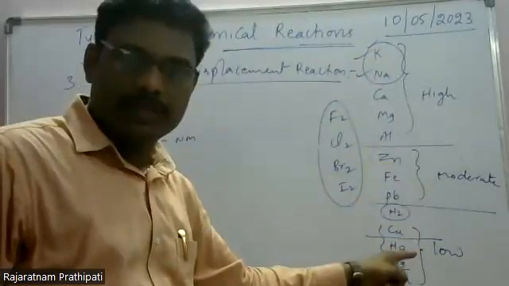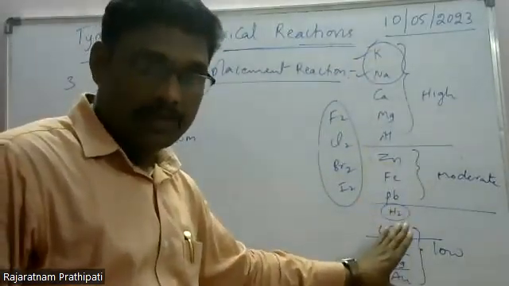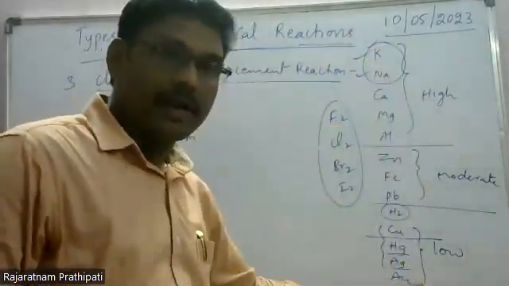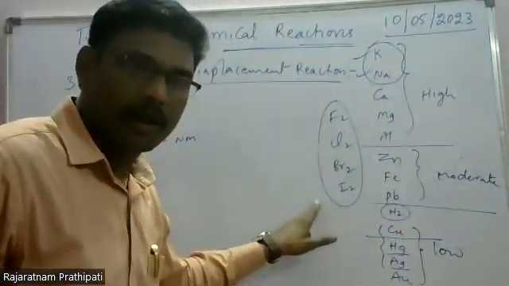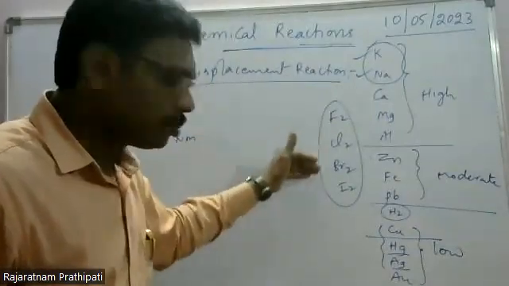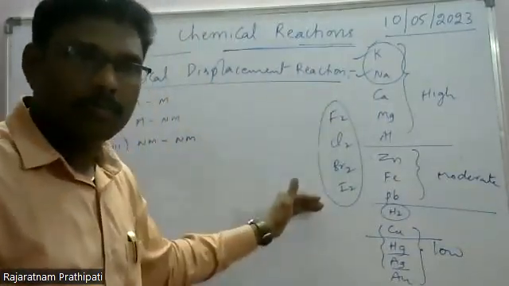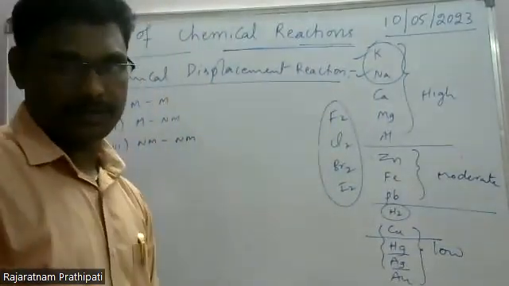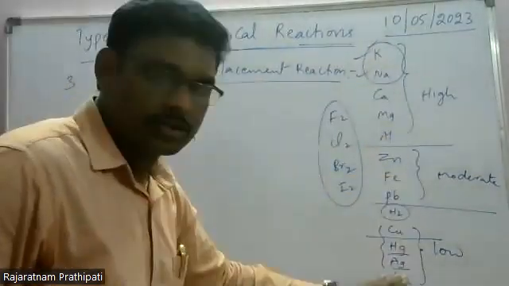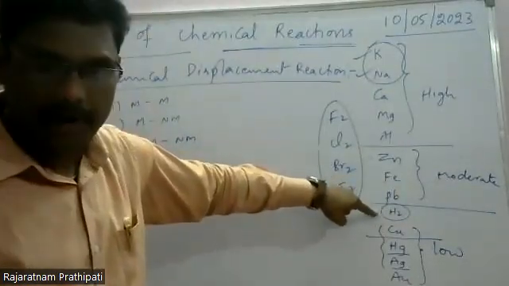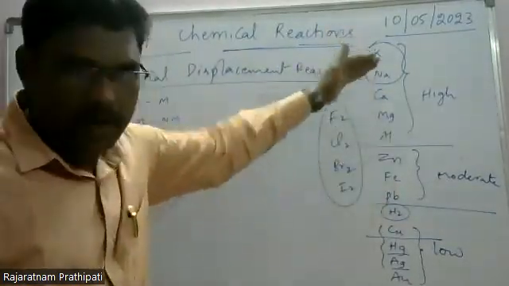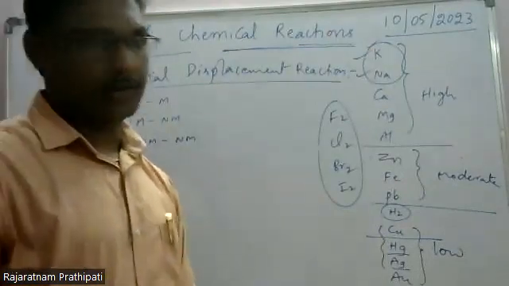Here, activity series means the metals arranged in the decreasing order of their reactivities. Now, this is the non-metal activity series: fluorine, chlorine, bromine, iodine. Top to bottom, reactivity decreases. In metals also the same. Top to bottom, reactivity decreases. This is the position of hydrogen, and here above the hydrogen and here below the hydrogen.